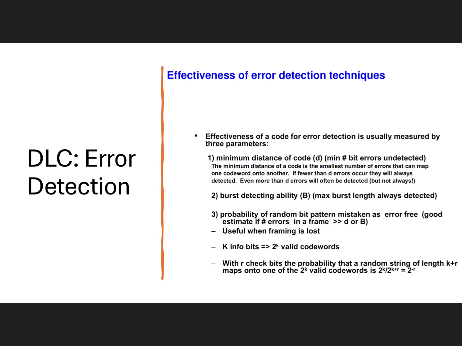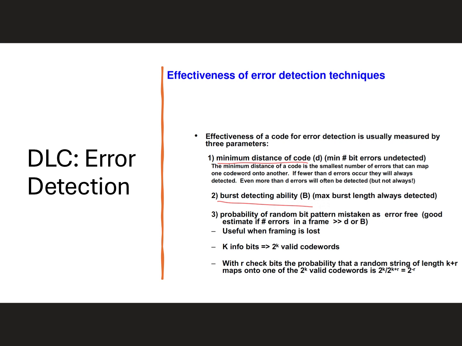We looked at something called the minimum distance. So you have to know how to figure out the minimum distance between any two binary strings, like array of bits. And then we also looked at something called the burst detection capability. A burst is a set of bits consecutive to each other where an error happens.